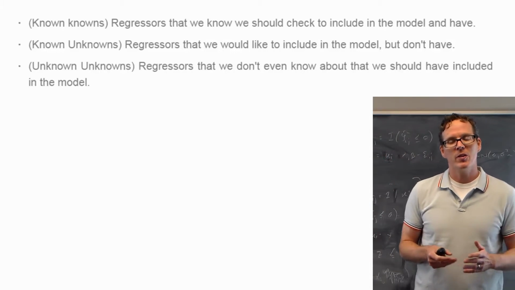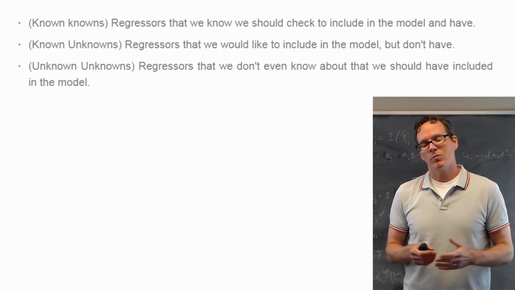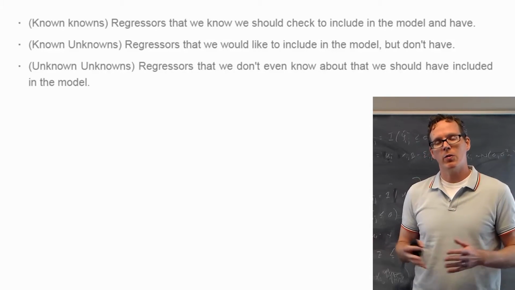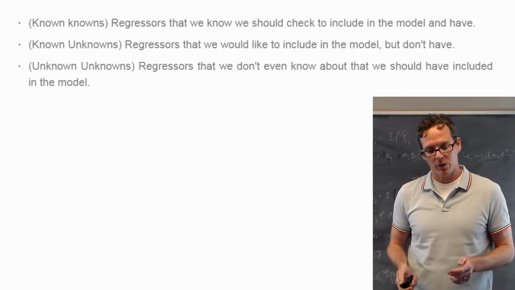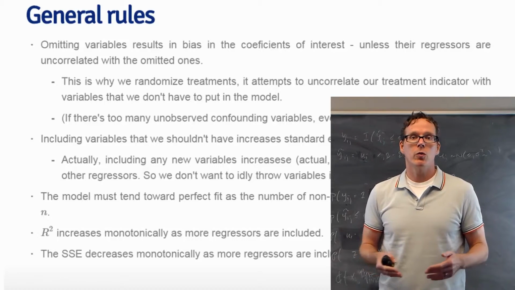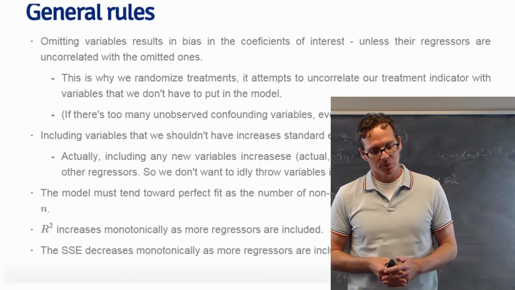So, I think this is a funny little quote, but it gives us an idea of the various lines of thinking that you have to go through when building a regression model. So let's talk about some general rules for our known knowns, unknown unknowns, and known unknowns.